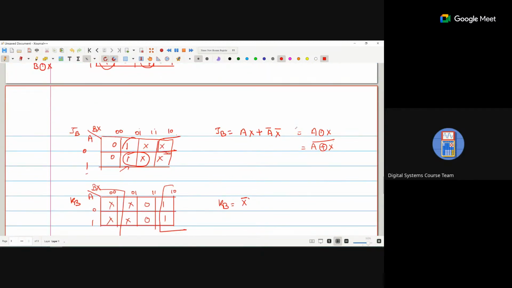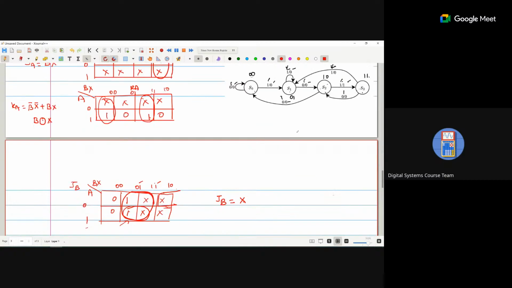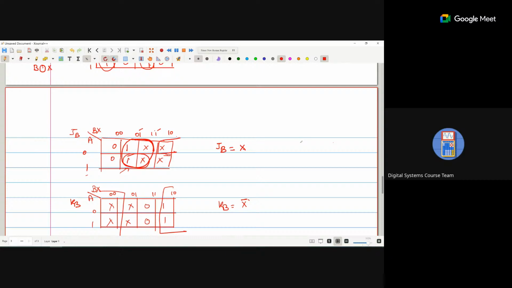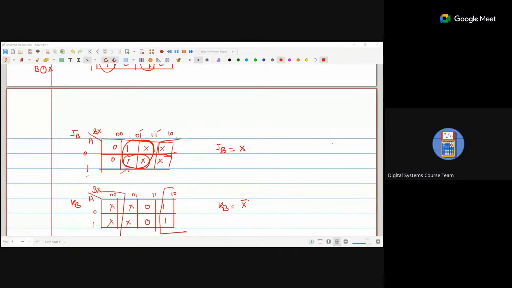So JB is a group of 4. What is the JB? JB is simply X. Now the second one, there is no change. Cross cross 1 0. So KB is X bar. So JB is X and KB is X bar.